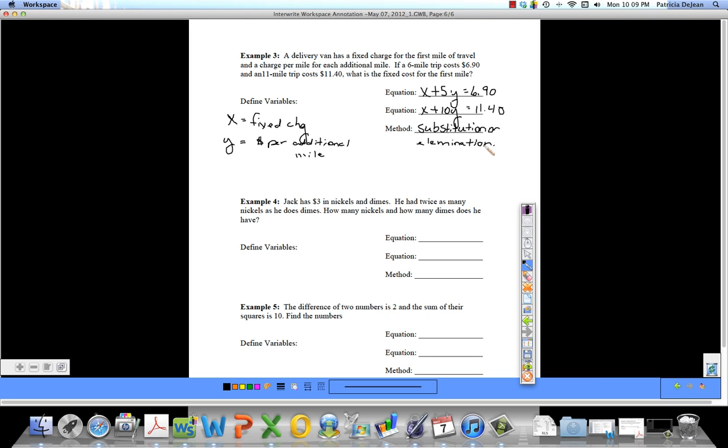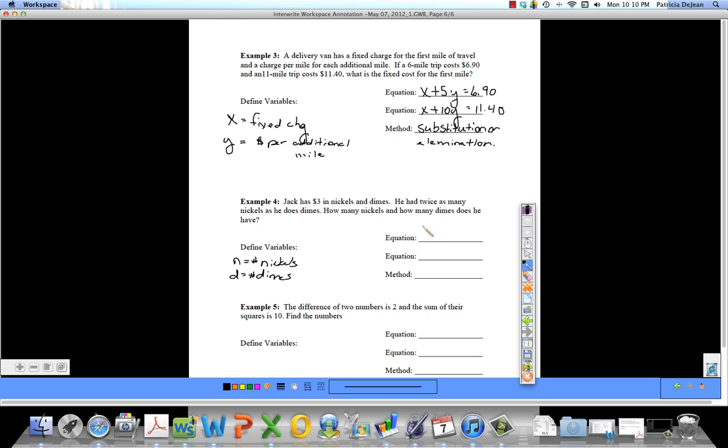Okay. All right, now for example 4, Jack has $3 in nickels and dimes, and he has twice as many nickels as he does dimes. So we have N is the number of nickels, and D is equal to the number of dimes. Okay.